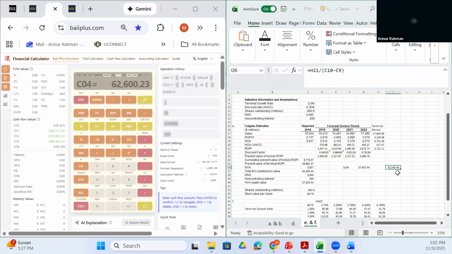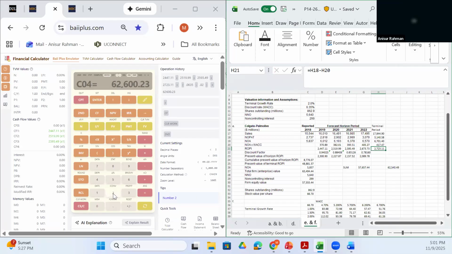It is not exactly the same. So they are probably not taking these numbers correctly.